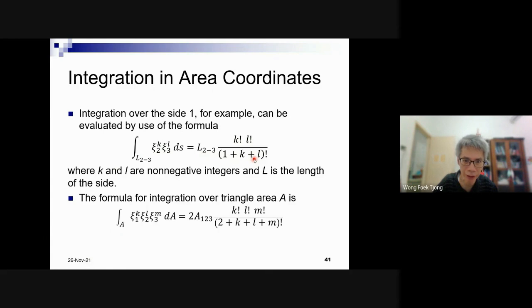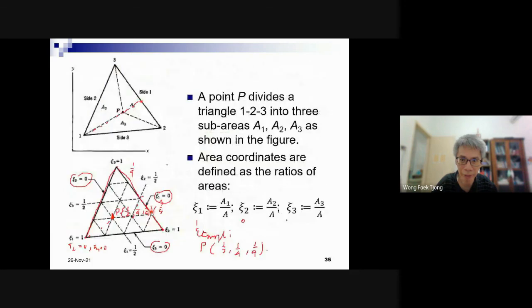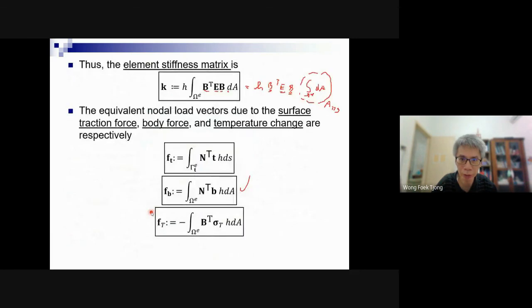And also we have a formula for integration of area. This line formula is for calculating the equivalent force due to traction, for example. This one is for calculating the equivalent force due to body force or due to temperature distribution, because if we have a temperature distribution over the area, and it is a function of coordinates in terms of x, y or in terms of area coordinates, okay?